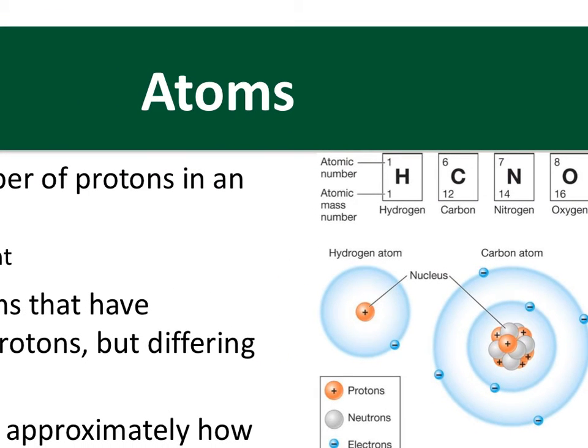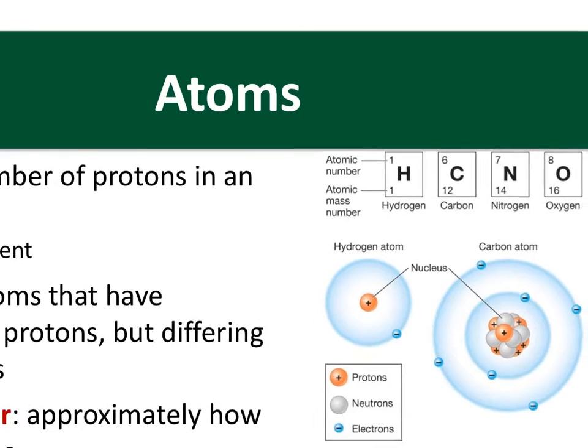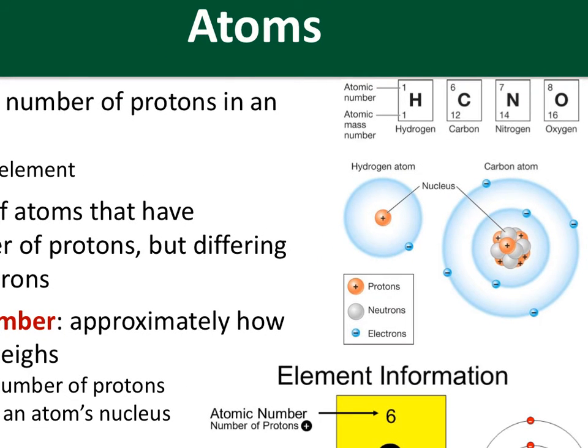And then the atomic mass number is just a combination of protons and neutrons. And just so you know, a proton has a value of 1 in terms of mass units, and a neutron about the same. So if you have carbon 12, that means you've got 6 protons, 6 neutrons, and 6 electrons.